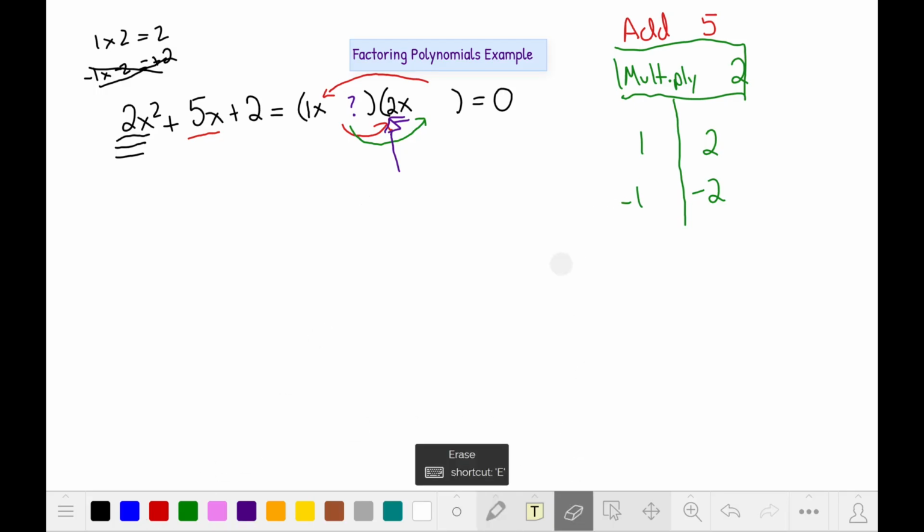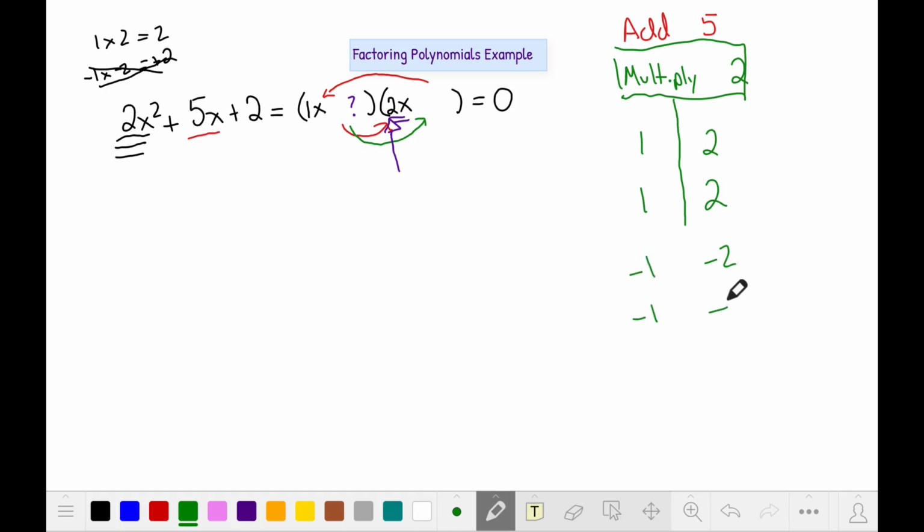So actually I'm going to erase this real quick right here so that I could have 1 and 2, 1 and 2, -1, -2, -1, -2.